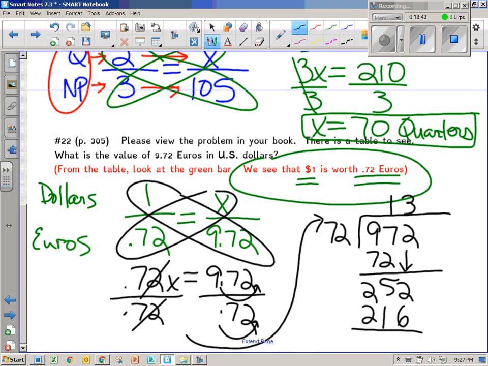Now, when you get right here, you're going to subtract and get a remainder here of 36, but you don't want to put 13 and 36 over 72. I mean, maybe you do. It'll be easy to convert in this case, but it's money, so you could put a decimal and keep going. 72 goes into 360 evenly 5 times.